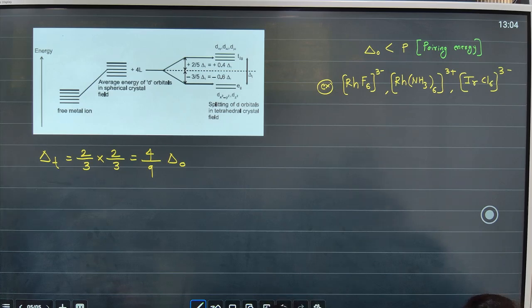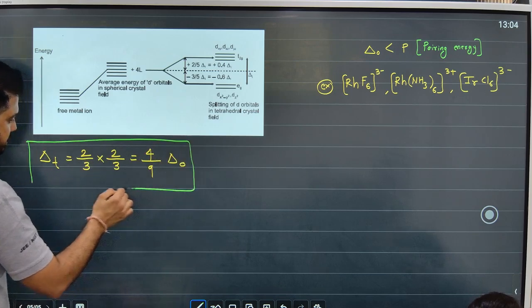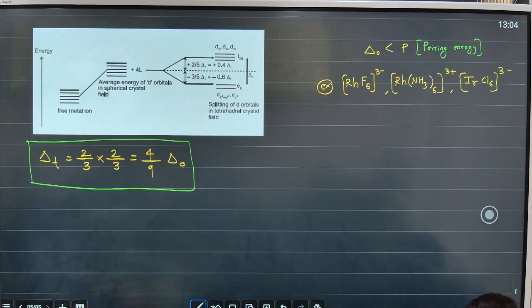And hence the relation between tetrahedral energy and octahedral energy is given below.